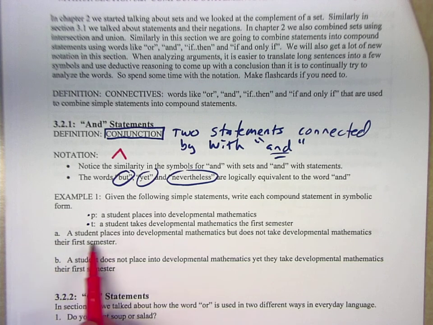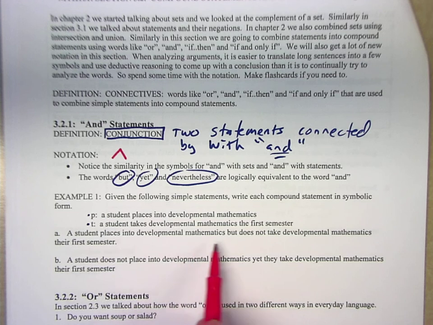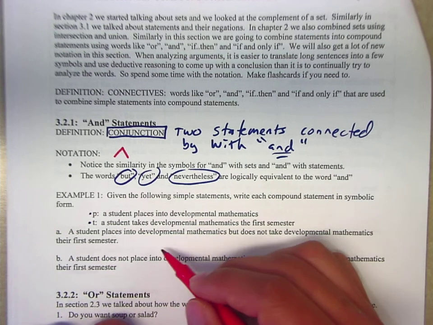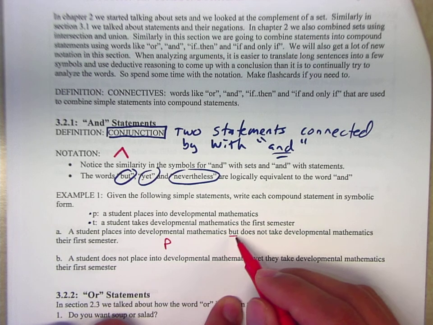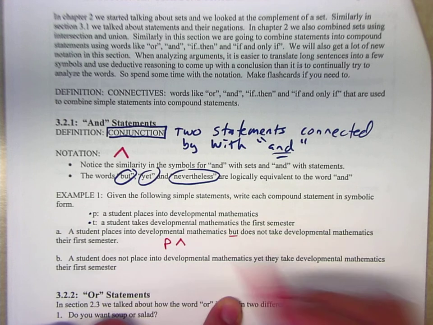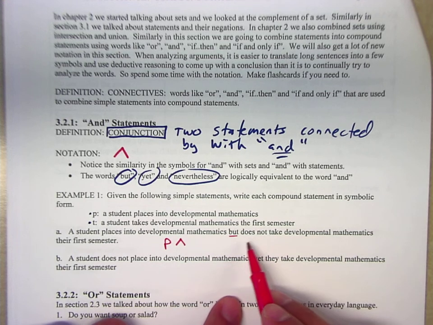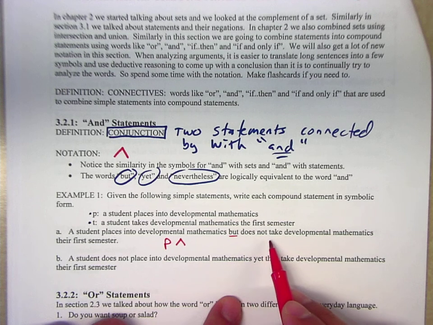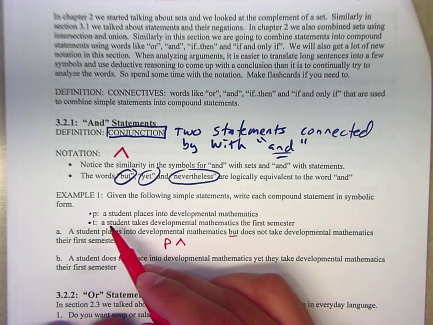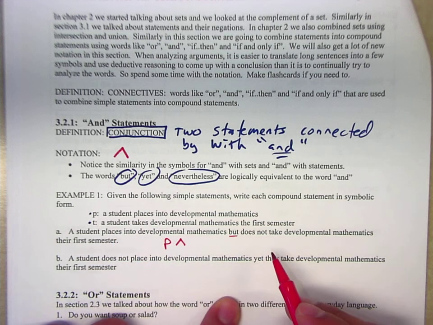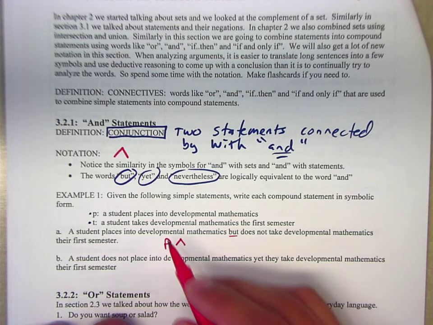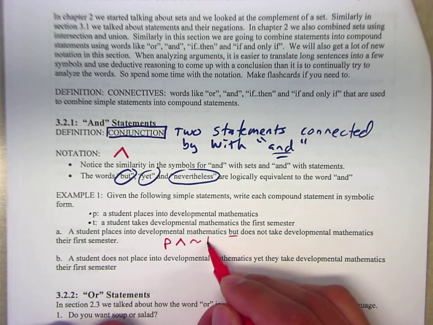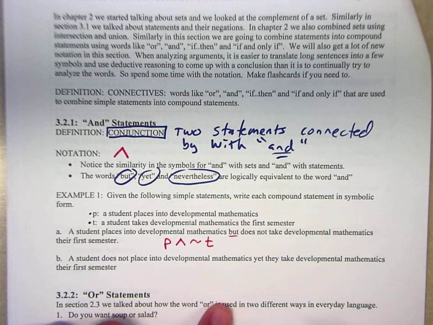A student places into developmental mathematics. So that's just P. But is the same as and. They do not take. Since T is a student takes, and here we have does not take, we're simply going to negate T. And that's it.